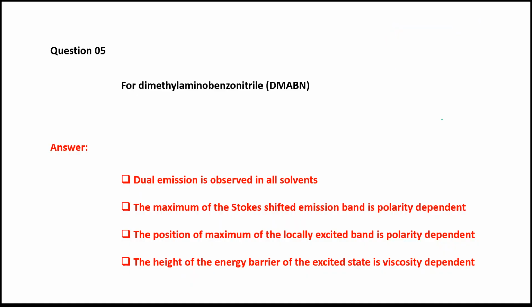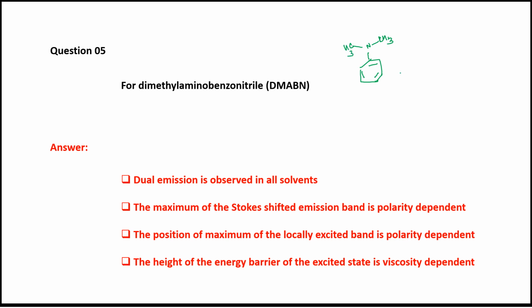That is this one. The dimethylaminobenzonitrile, DMABN. Actually, these are the properties written for DMABN. So, what does this say? How can we draw the structure of this? Dimethyl means the N has CH3 groups.